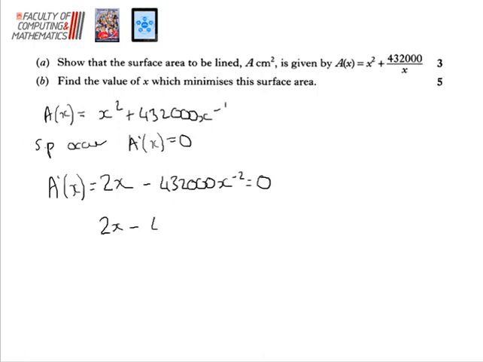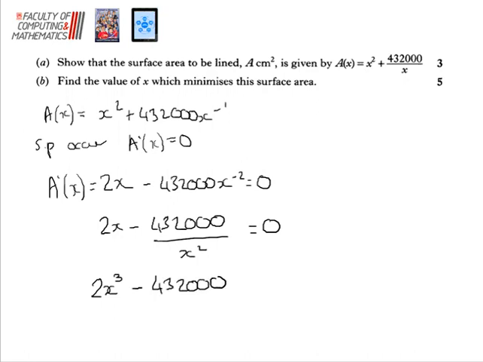Rearrange to get rid of that negative power. As soon as I'm going to work with it, I want it to be as nice as possible. And I don't like fractions, so I'm going to times everything by x squared. So that's going to become 2x cubed minus 432,000 equals 0. Add 432,000, divided by 2 gives you 216, and cube root it gives you x as 60.